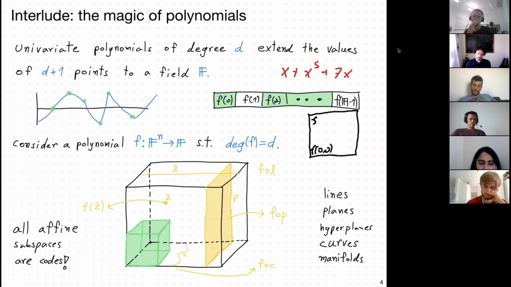But you can also evaluate a polynomial over a plane, and this would still be a good error-correcting code, in the sense that the plane would have distance between any pair of polynomials. And this extends to curves, this extends to hyperspaces, this extends to manifolds.